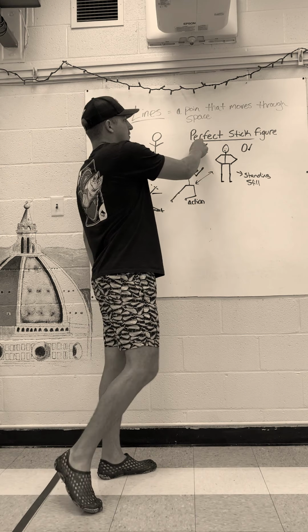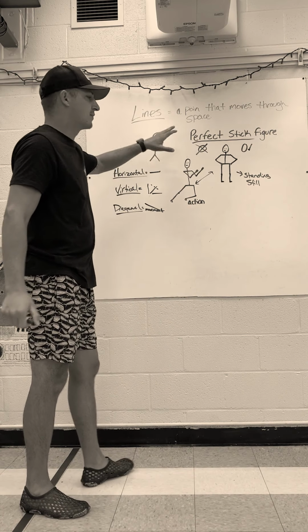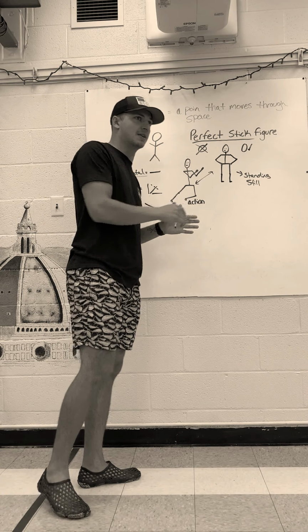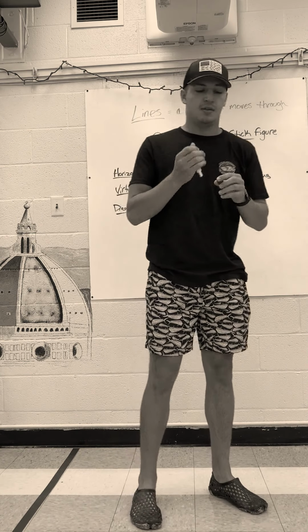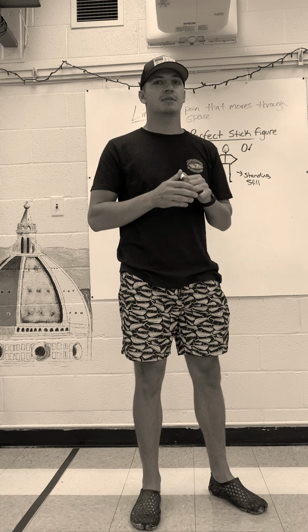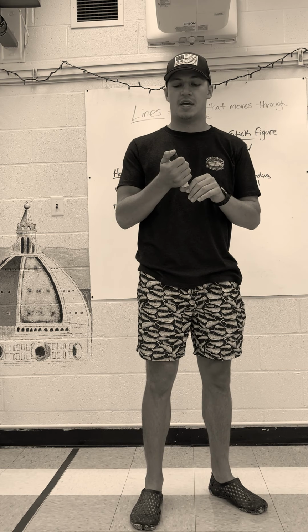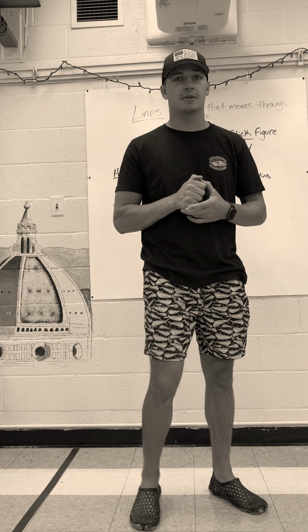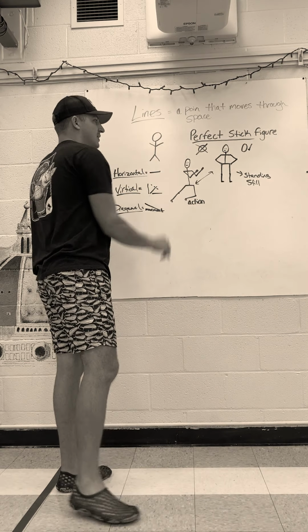So what I want you to do is follow along with this. You're learning how to draw a perfect stick figure. That way you can go ahead and get it off your shoulders, because I know a bunch of you have already come and talked to me and said that you can't even draw a stick figure. Well, now you can. Only using lines.